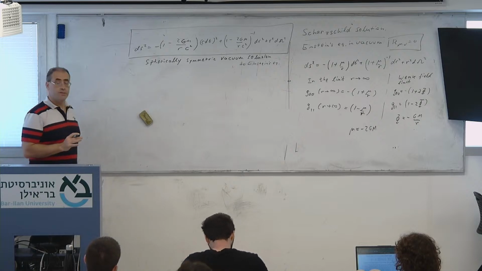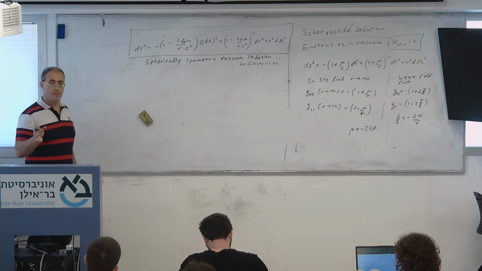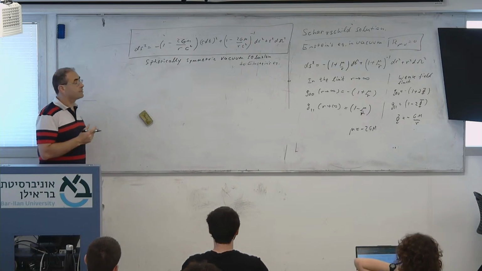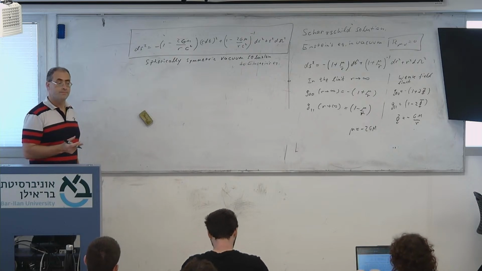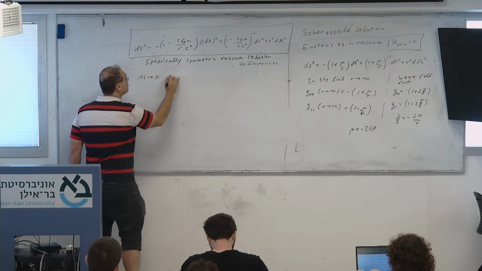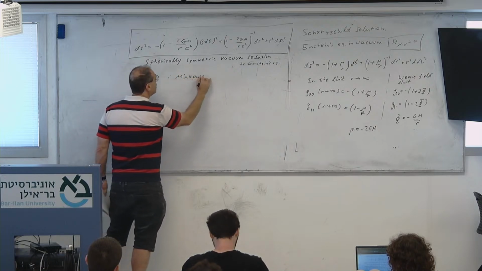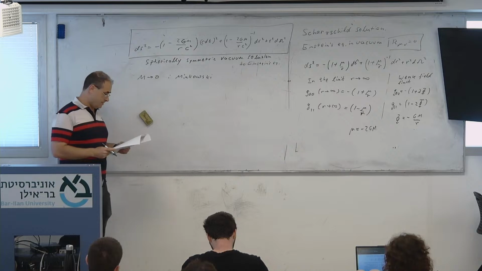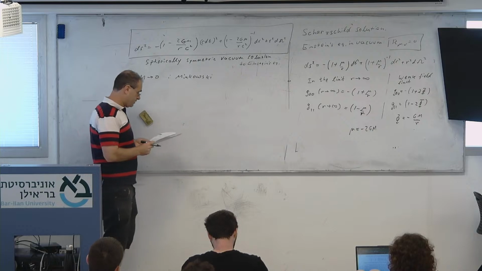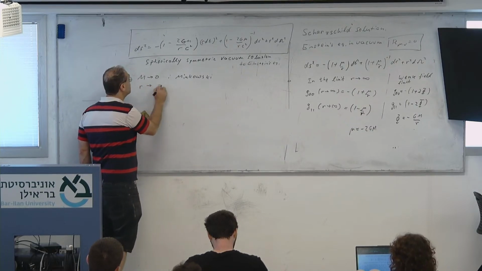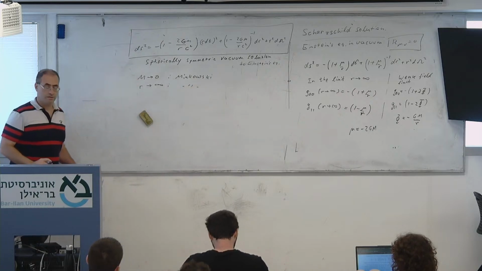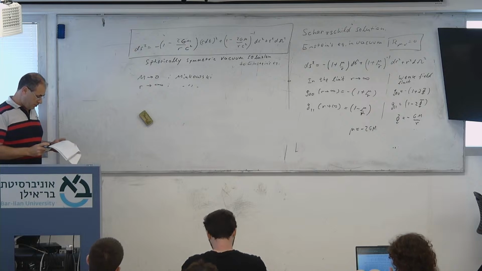Now m here in principle is a parameter, which is associated with the mass. What happens when m is equal to 0? Minkowski, right? When m goes to 0, we get back Minkowski. What happens when r goes to infinity? Also Minkowski. That's the asymptotic flatness.